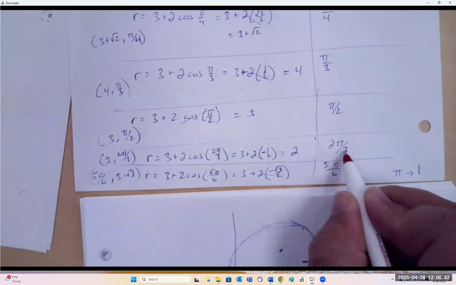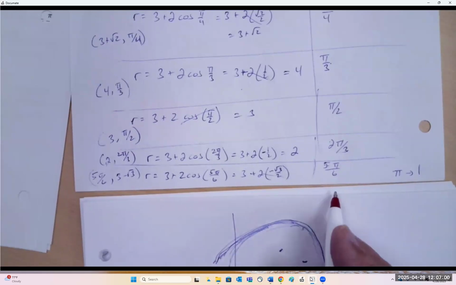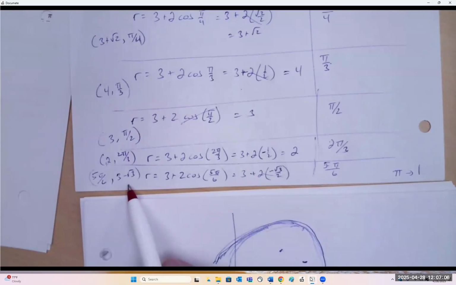3 pi over 6, 2 pi over 3. It's 2. Here's 2, so it's over here. 5 pi over 6.